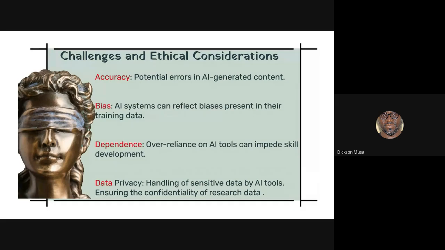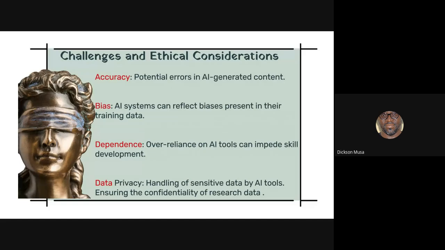Then if we are over reliant on AI tools, it can also impede our own skill development. So dependence on AI is something we should not do. We shouldn't become completely dependent on AI. And when you feed AI with certain information, remember you are training it, and you will be making that information available to other people too.